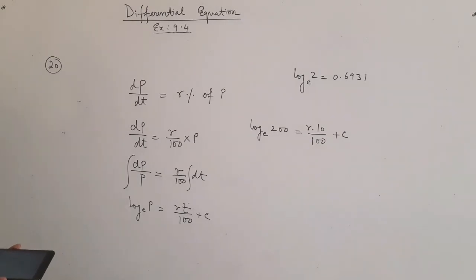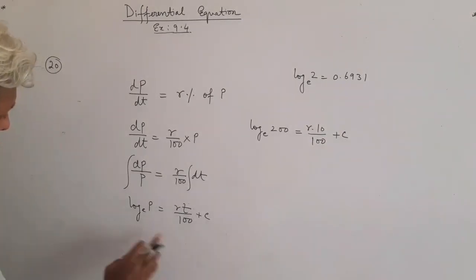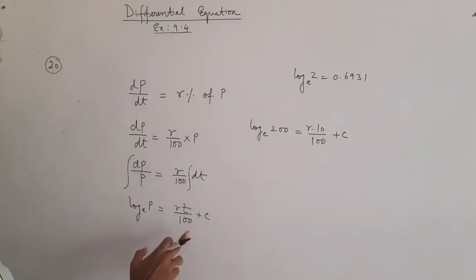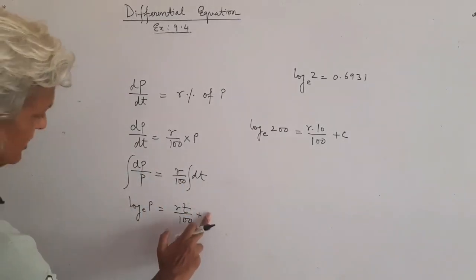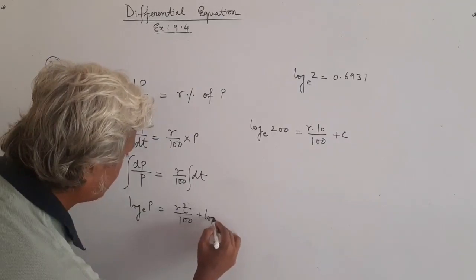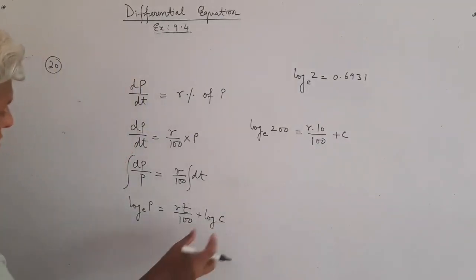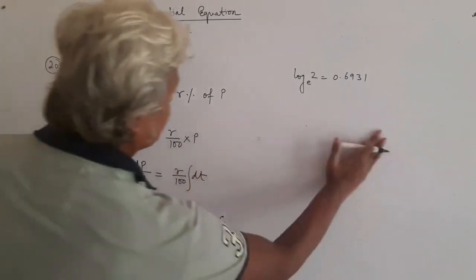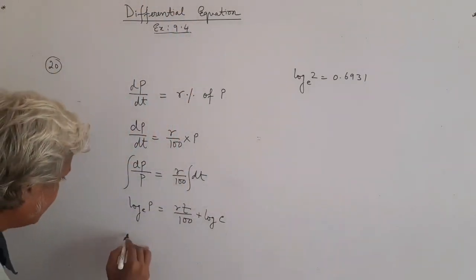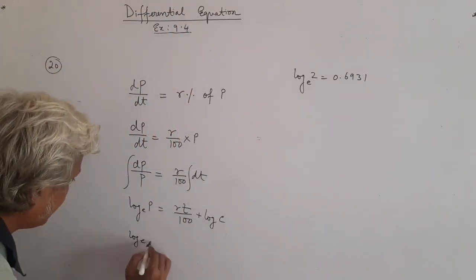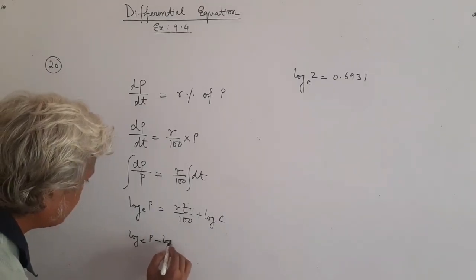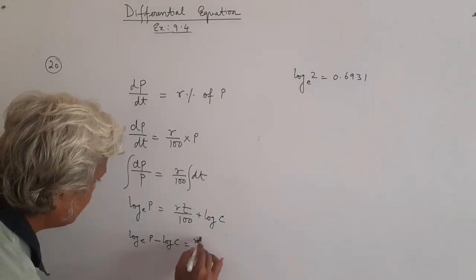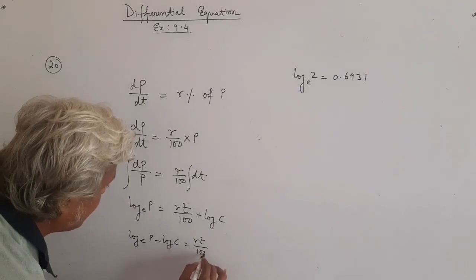Since I have integrated, I better convert this C also into the constant of a log. So this becomes log C. Now take this to this side. So this is log e P minus log C is rt by 100.